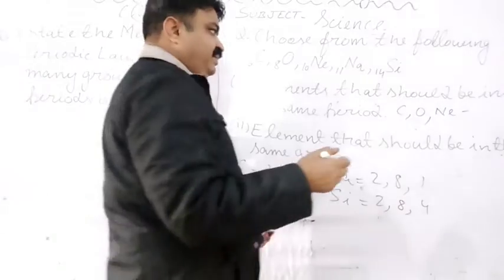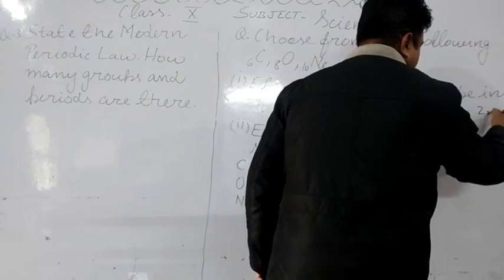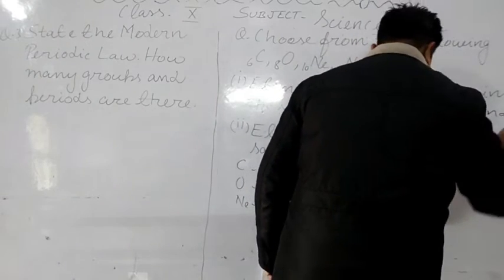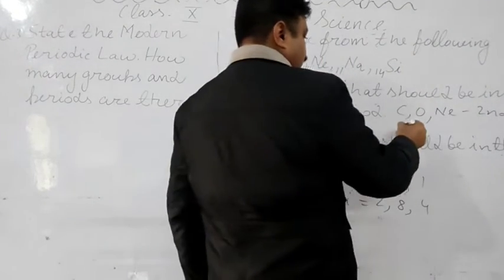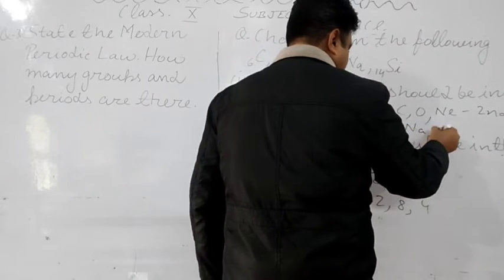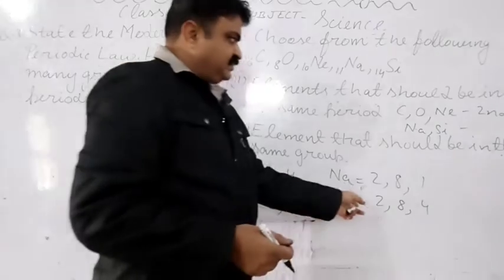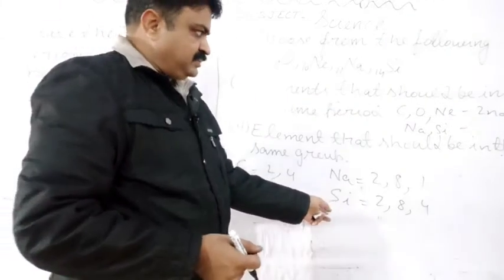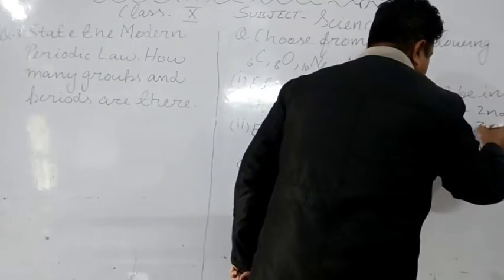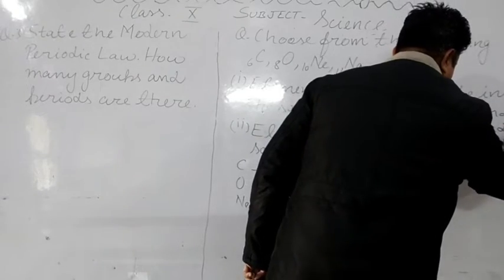And what is their period? They are in the second period. And with this, sodium and silicon are also in the same period. And what is their period, students? It is the third period.